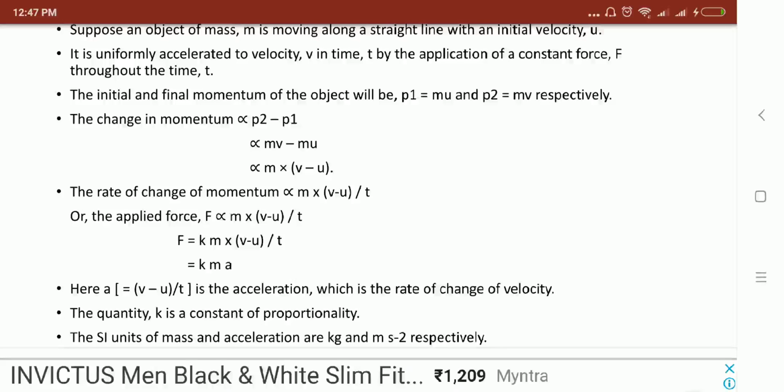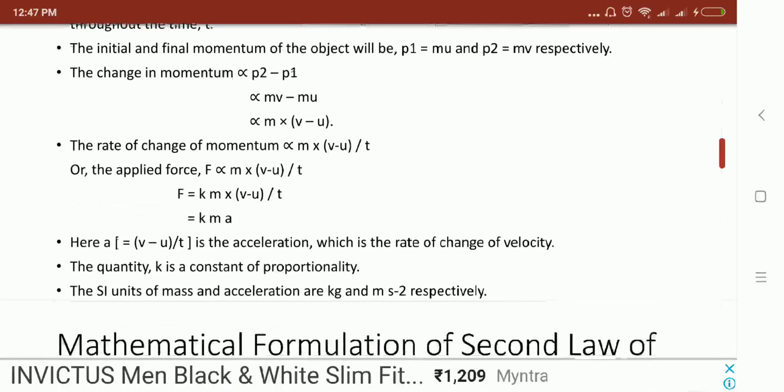We can replace change in velocity per time with acceleration a. Acceleration a is nothing but the difference in velocity per time, final velocity minus initial velocity divided by time, that is the acceleration equation. We can replace it over here. So the force equation becomes F equal to k into m into a.